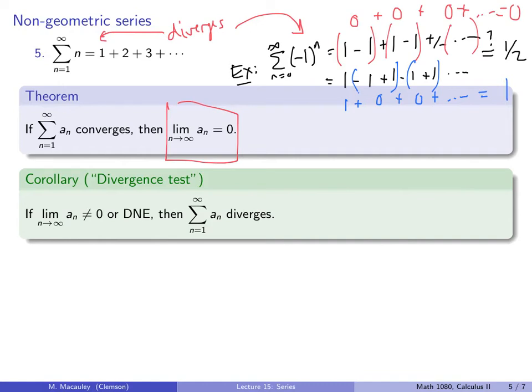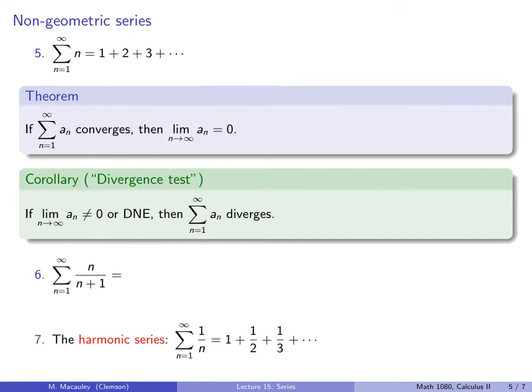A corollary of this is what's commonly called the divergence test, which is a quick test to see if a series doesn't converge. It says if the limit of a_n does not go to 0, or it doesn't exist, then your series diverges. For example, here it does not go to 0, and here the limit does not even exist. Often for short we'll just write this as, if a_n does not go to 0.